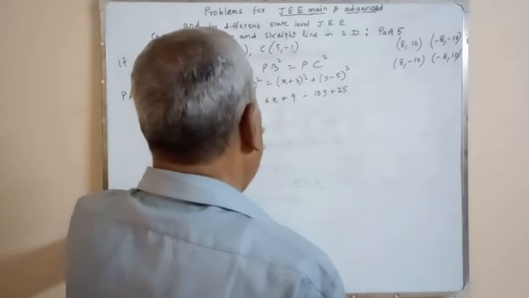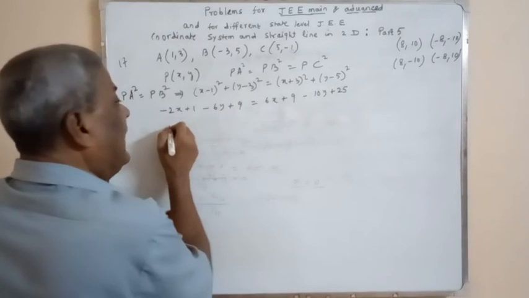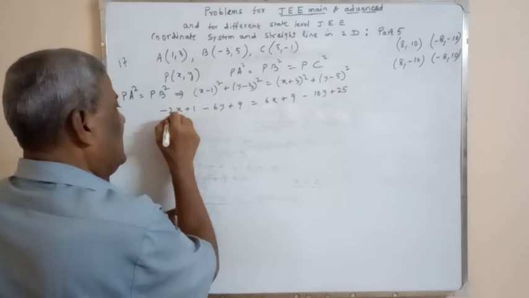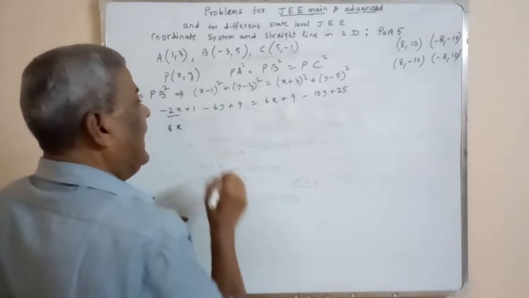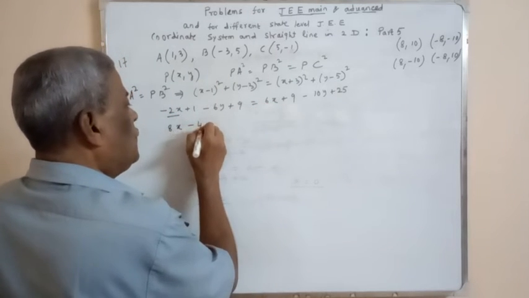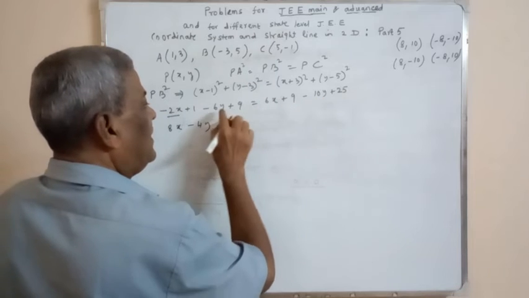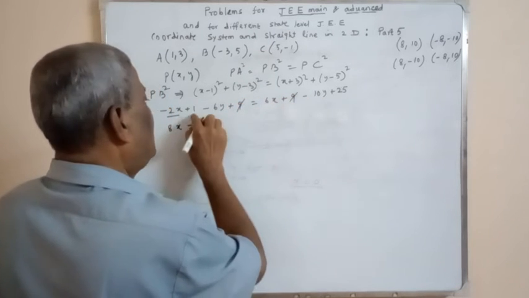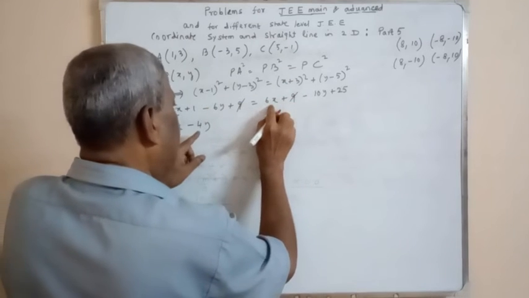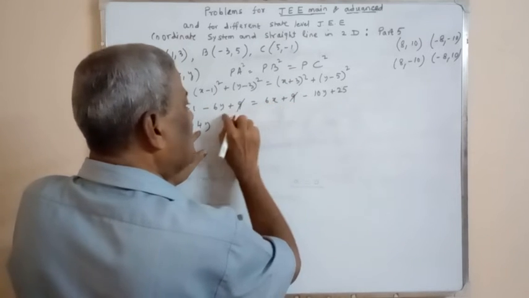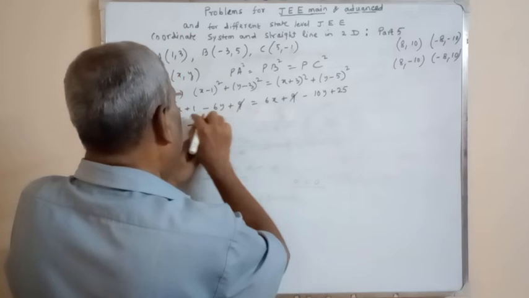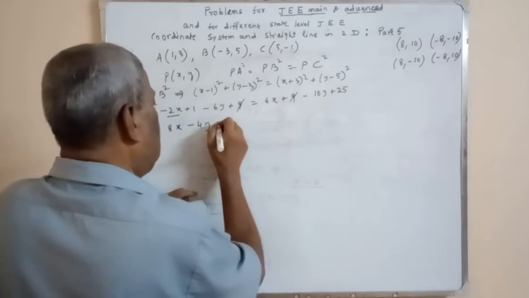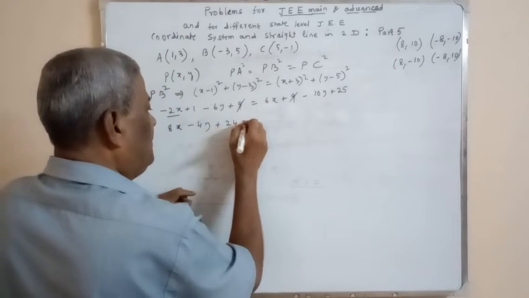Now simplifying it, 8x, this is taken to that side, 8x minus 4y, the 9 cancels, 8x minus 4y plus 24 is equal to 0.